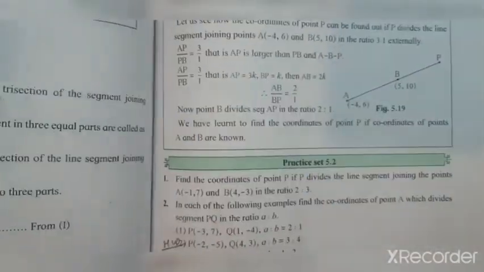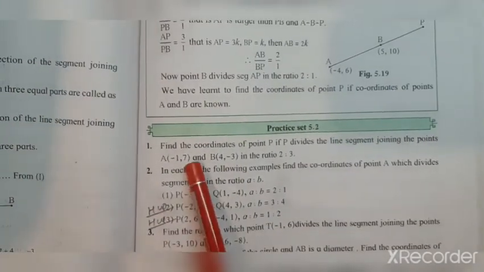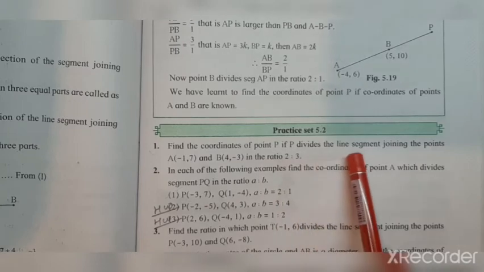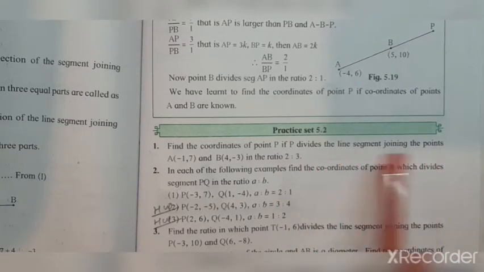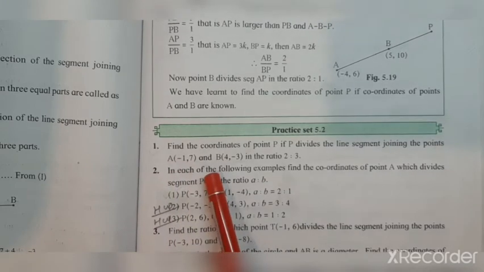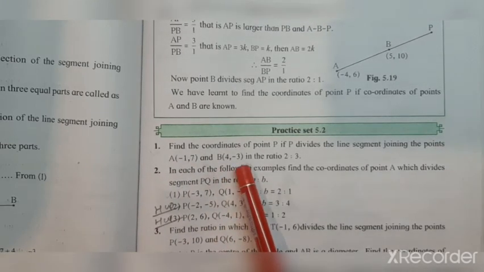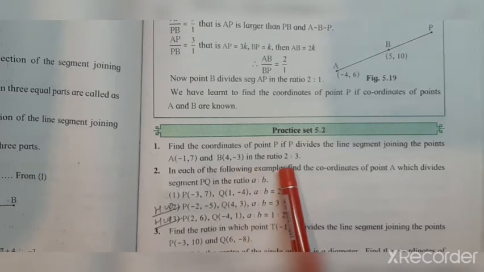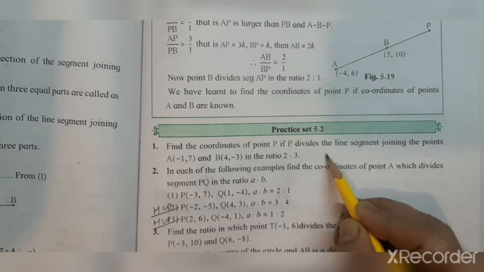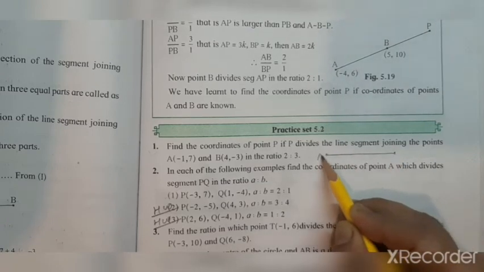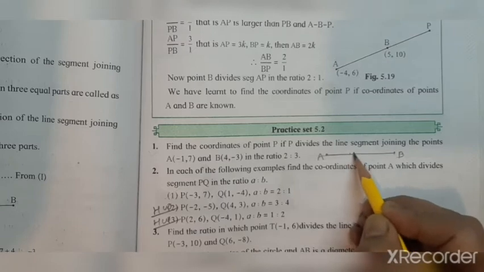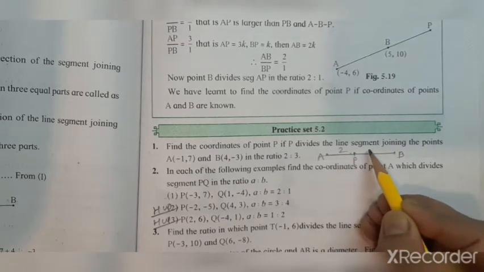Now the first sum in practice set 5.2: find the coordinates of point P if P divides the line segment joining the points A(-1, 7) and B(4, -3) in the ratio 2:3. So what is given here is there are 2 points A and B, okay, and this point P divides the segment in the ratio 2:3.